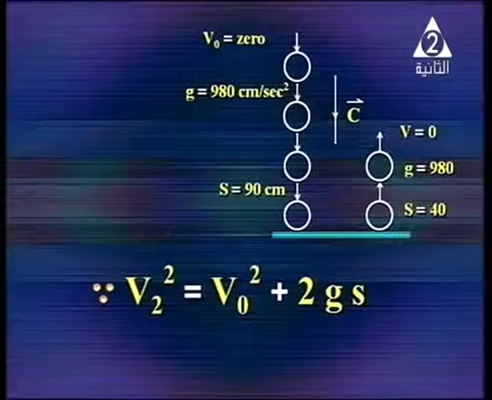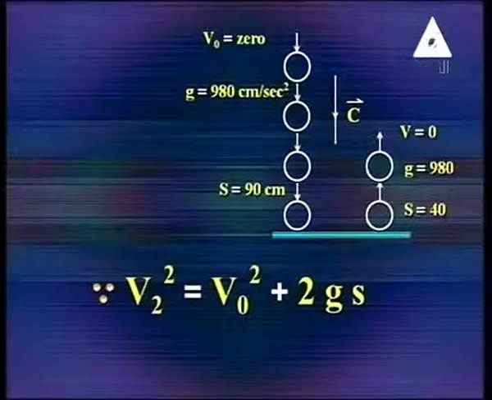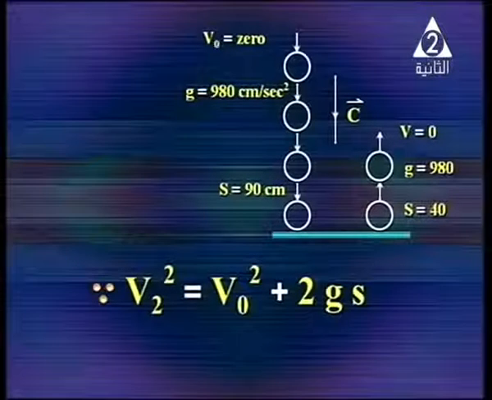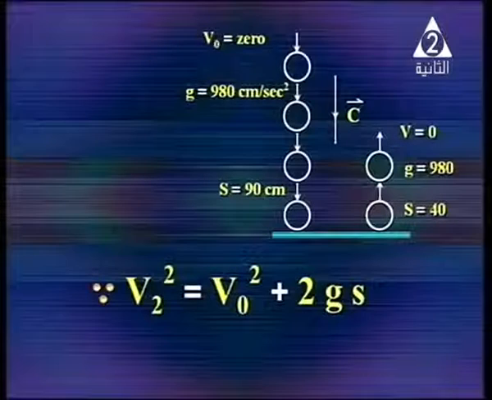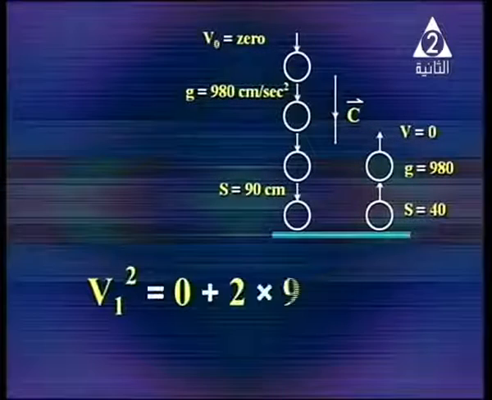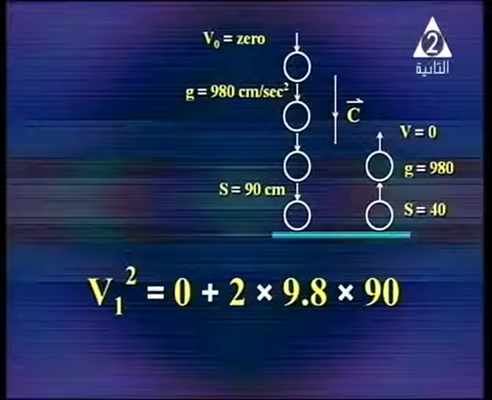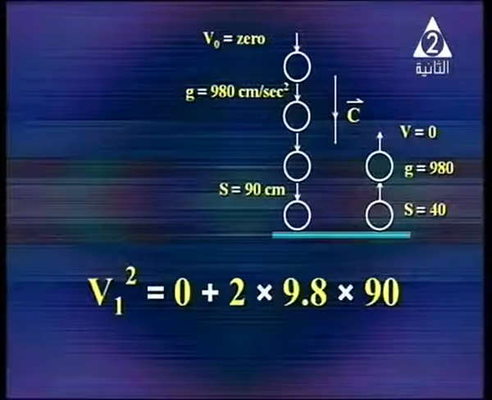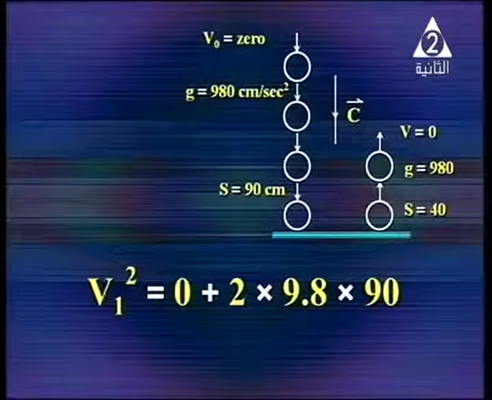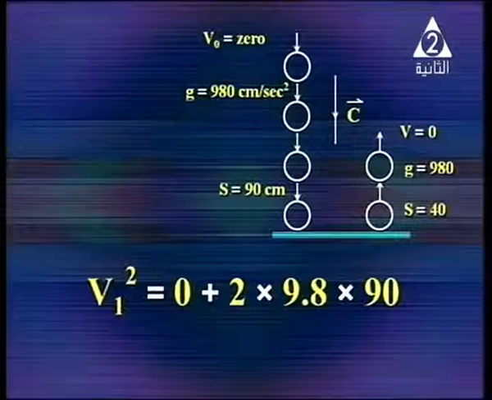centimeter per second square, and the distance is 90. We find the value of the final velocity. By using substitution, then V square equals 0 plus 2 times 980 times 90.